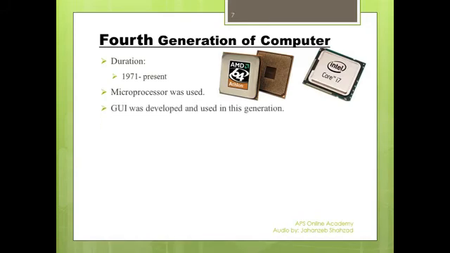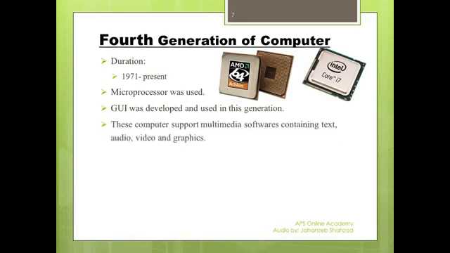GUI, graphical user interface, was developed and is being used in this generation. GUI means Windows operating systems like Windows 10, Windows XP. These computers support multimedia software containing text, audio, video and graphics.